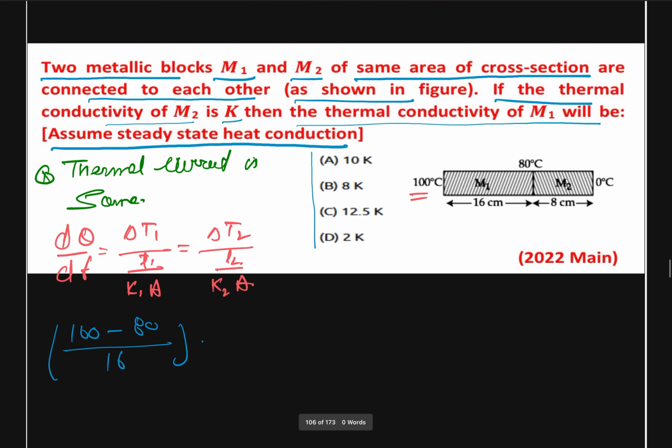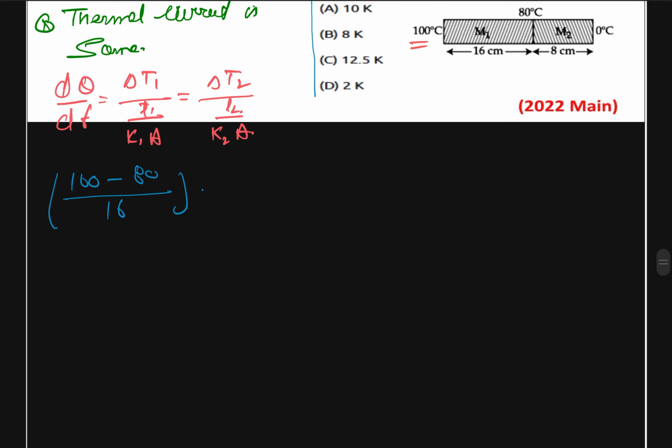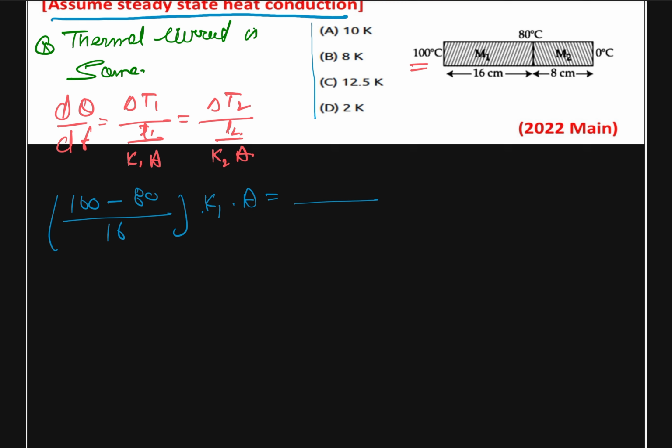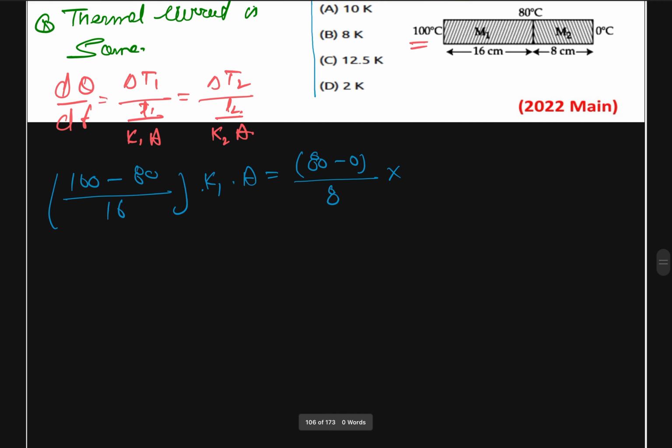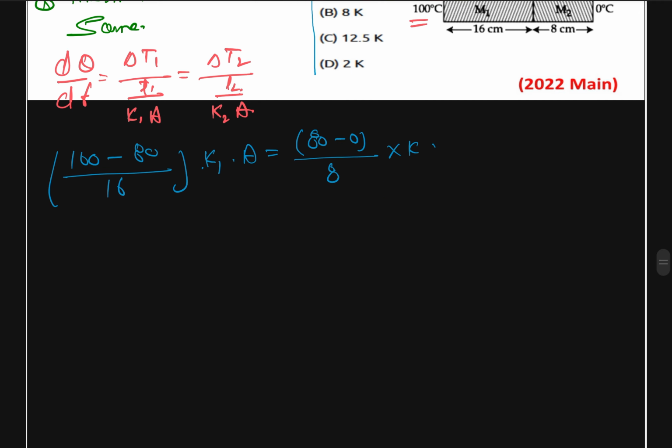One second, we have been given that K2 is K. Okay, so we can assume this is K1 times area, is equal to the second one, 80 minus 0, and its thickness is 8, times K, times our area.